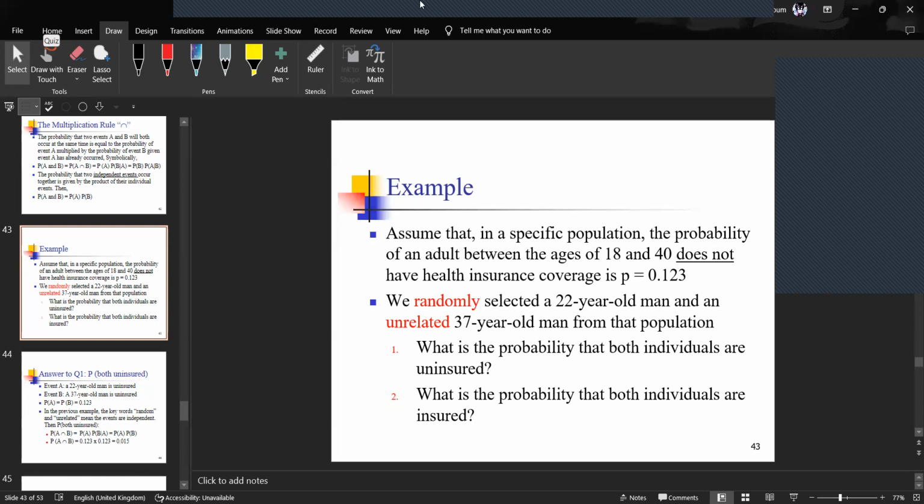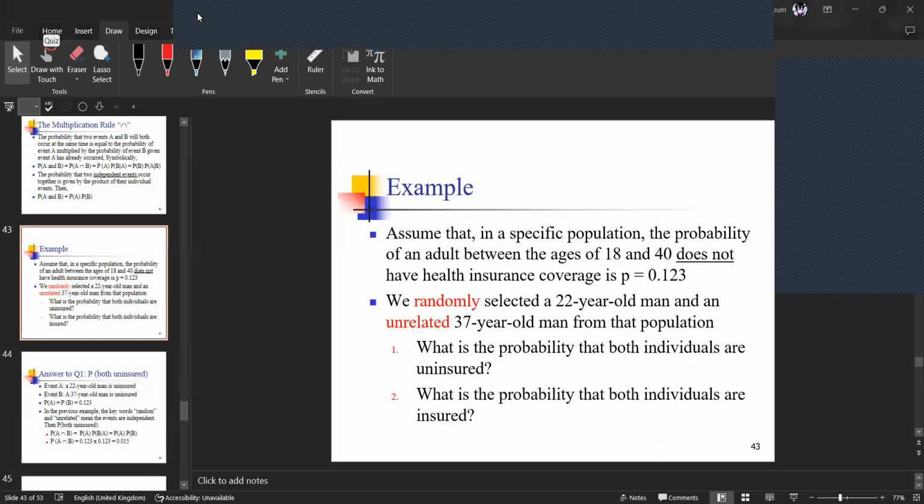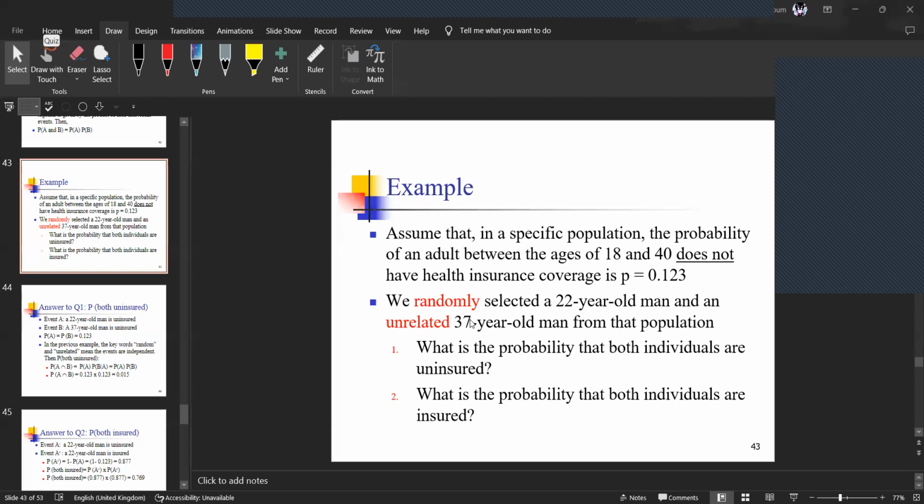For question 1, what's the probability that two individuals that we select don't have insurance? And then question 2, what's the probability that they both do have insurance?